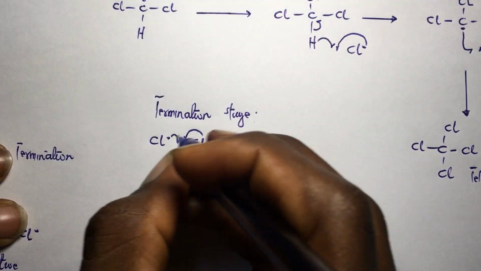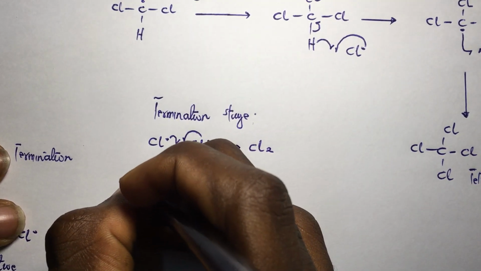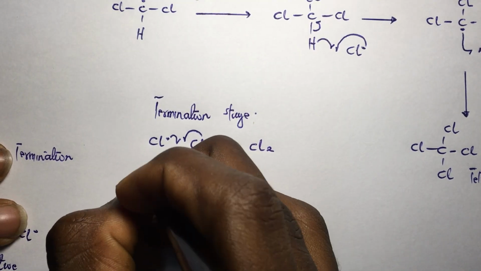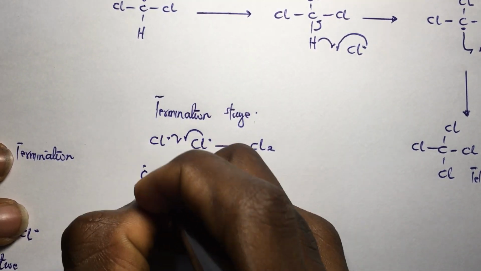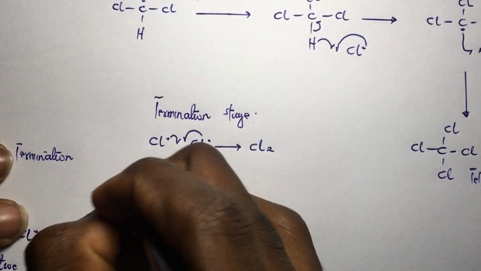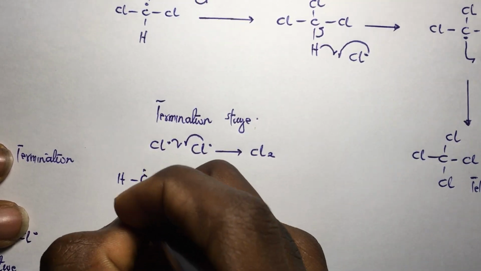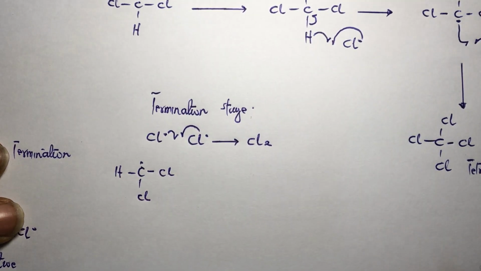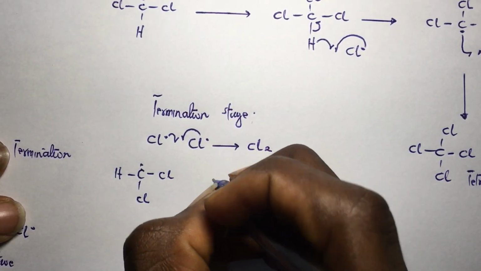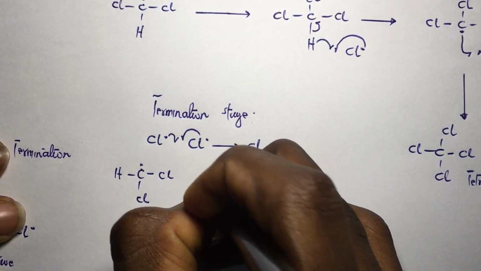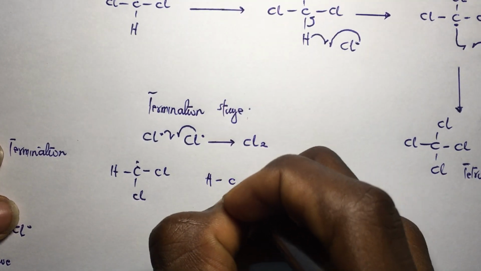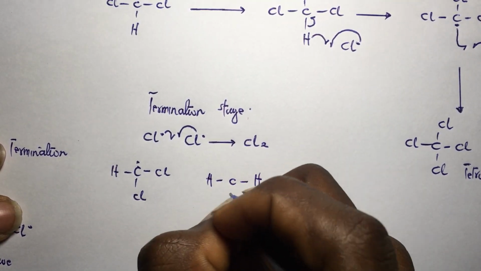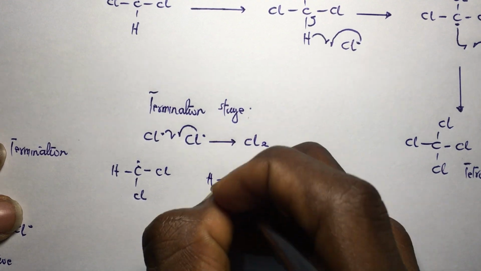Remember, you are having a lot of radicals. You can add maybe your chlorine to the carbon that was having the radical, and you can add a lot of them. Let's say you are having this chlorine, right? You can also add another radical, which is maybe hydrogen, C, hydrogen, and maybe Cl, also a radical.